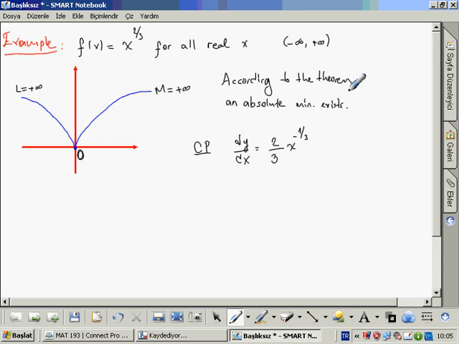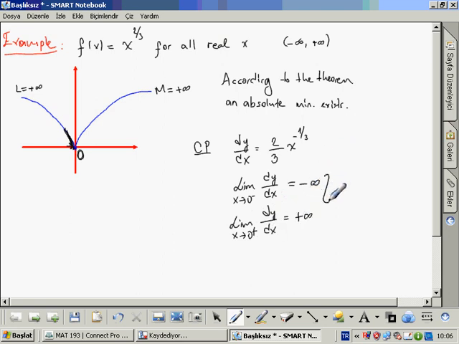The limit as x approaches 0 from the left hand side of del y over del x equals minus infinity, because the slope will be negative, and the limit as x approaches 0 from the right hand side of del y over del x equals plus infinity.